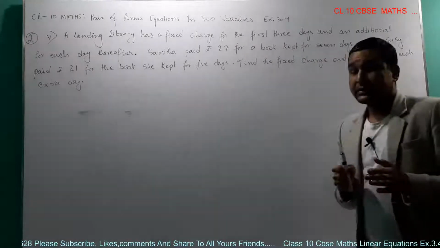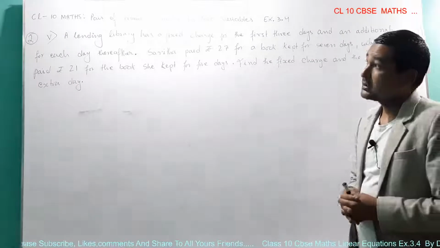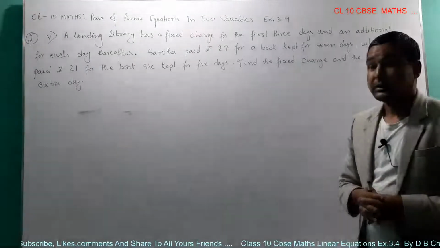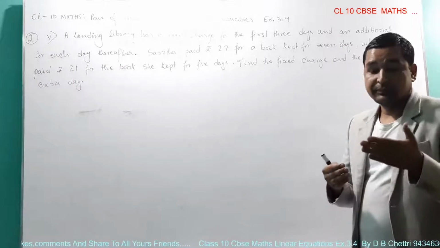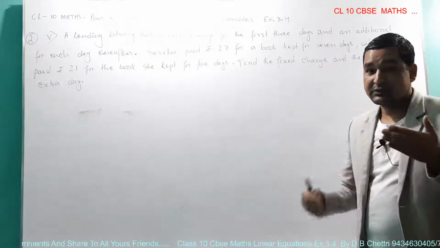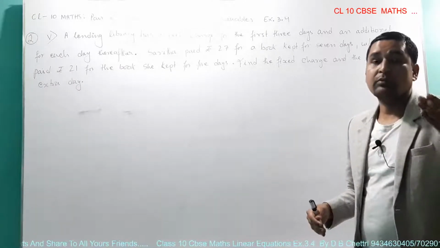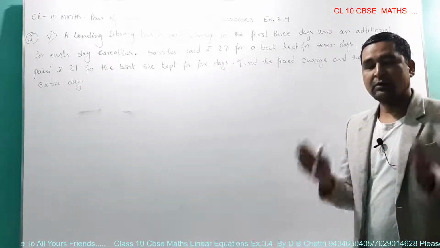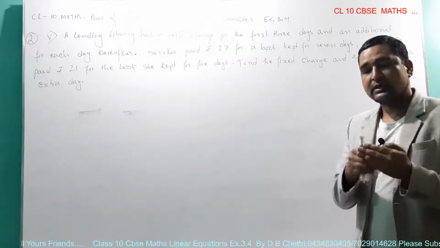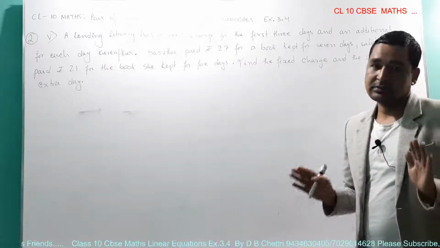Sarita paid 27 to the library. She kept the book 7 days. That means out of 7 days, 3 days is fixed and she kept 4 more days. If you give any number of days, the charge for 3 days is fixed.